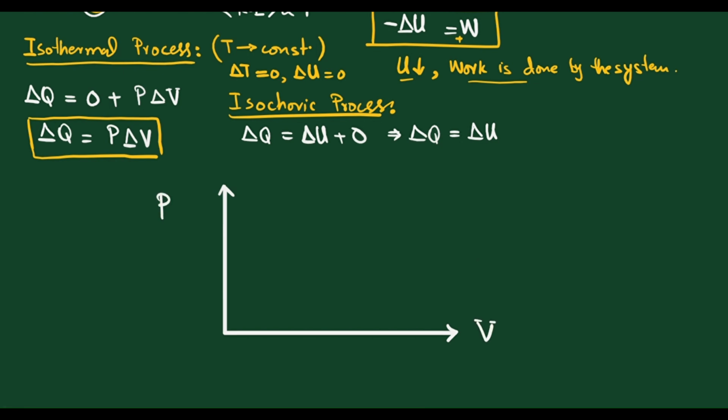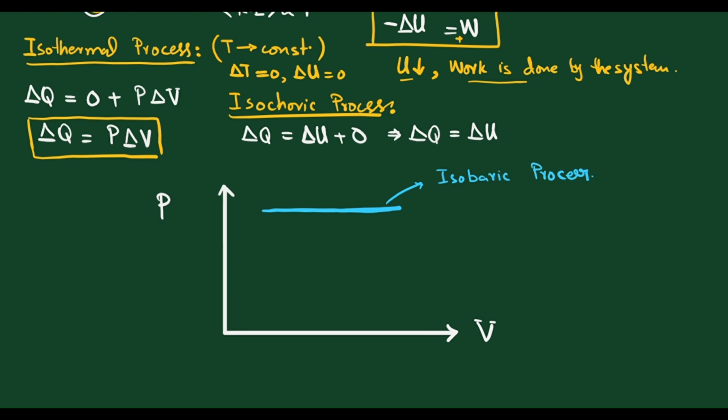Then there will be a straight line in this direction. It implies that the pressure is constant throughout the expansion. This horizontal line represents the isobaric process.